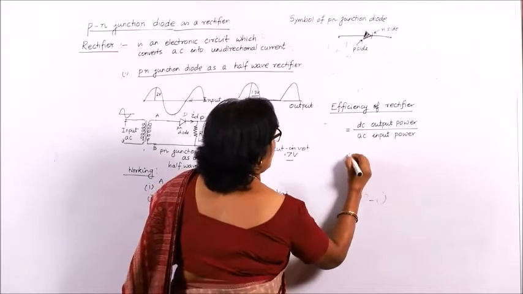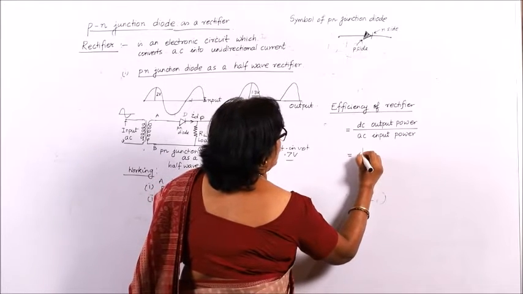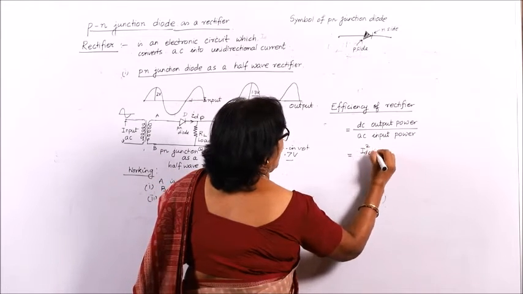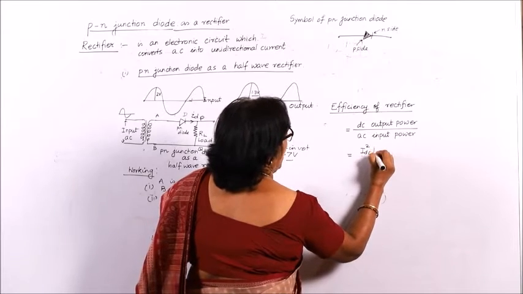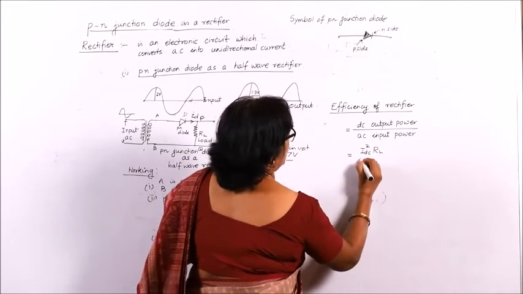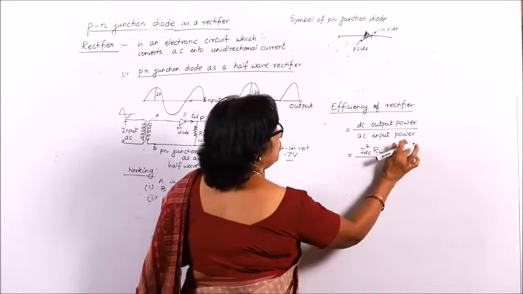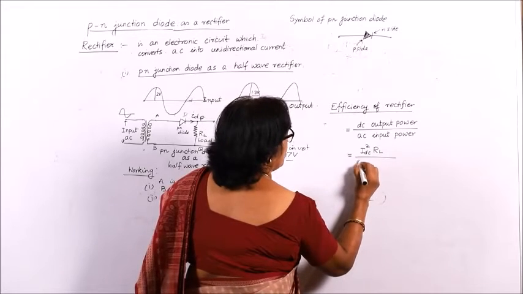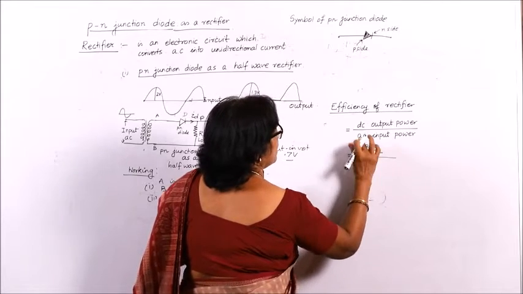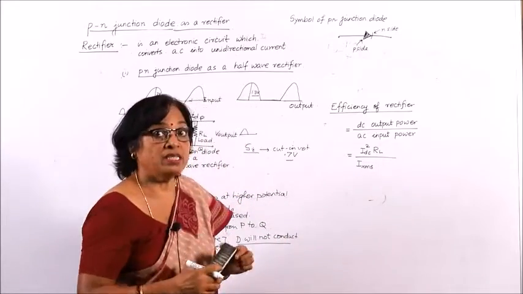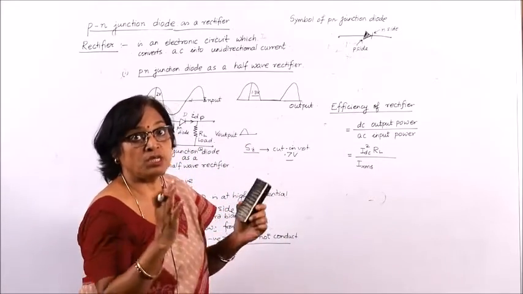So, the DC output power will be I DC square into R, where R is your load resistance, divided by the AC input power, which will be I RMS square. Whenever we are taking AC, the power is I RMS square into the resistance.